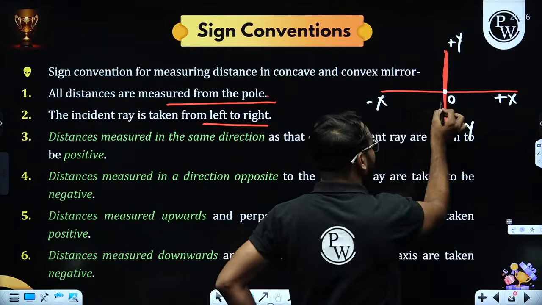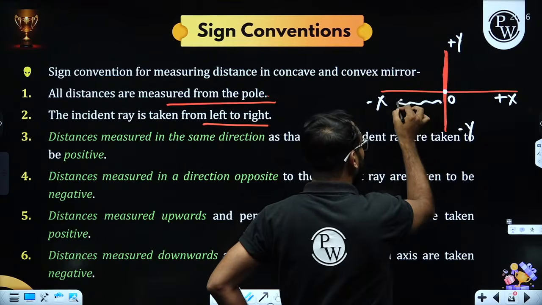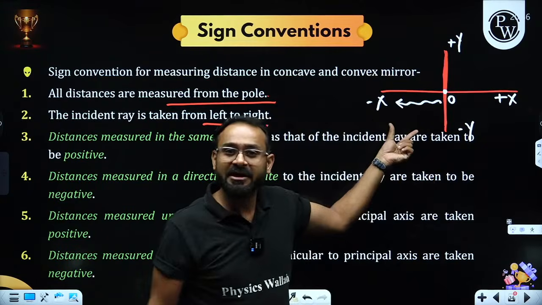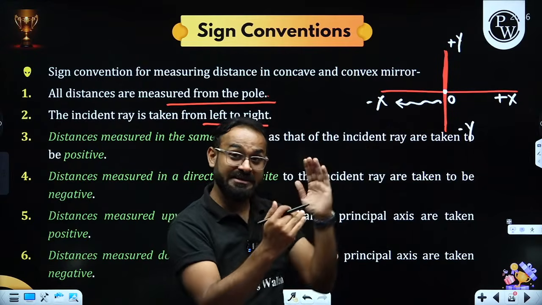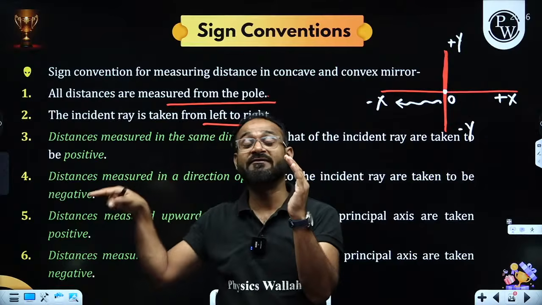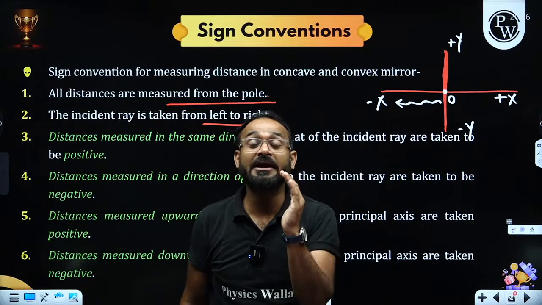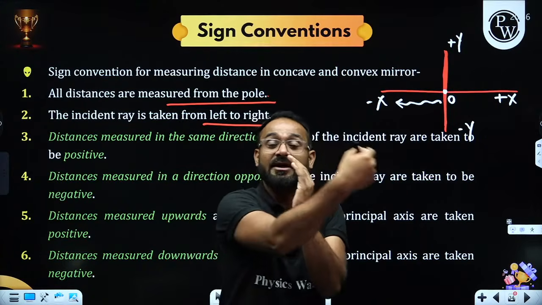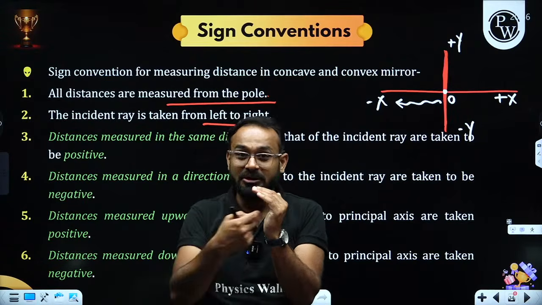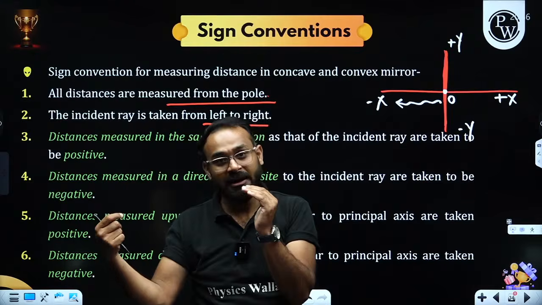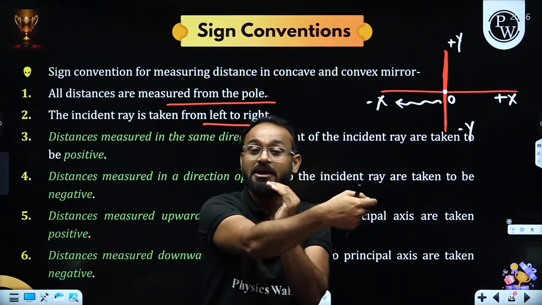That means whatever distance I measure over here will be on the negative x-axis. So whatever is present on the left hand side of the mirror will be negative. On the right hand side of the mirror, it will be positive. On the left hand side, everything will be negative; on the right hand side, everything will be positive.